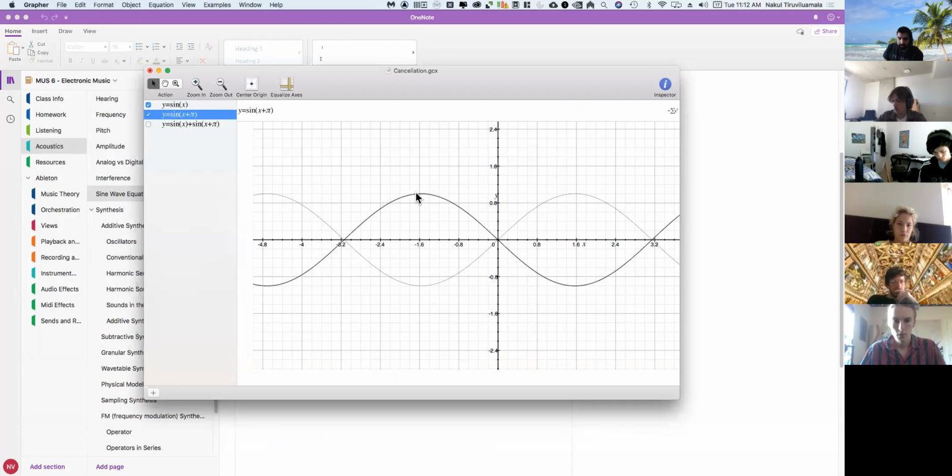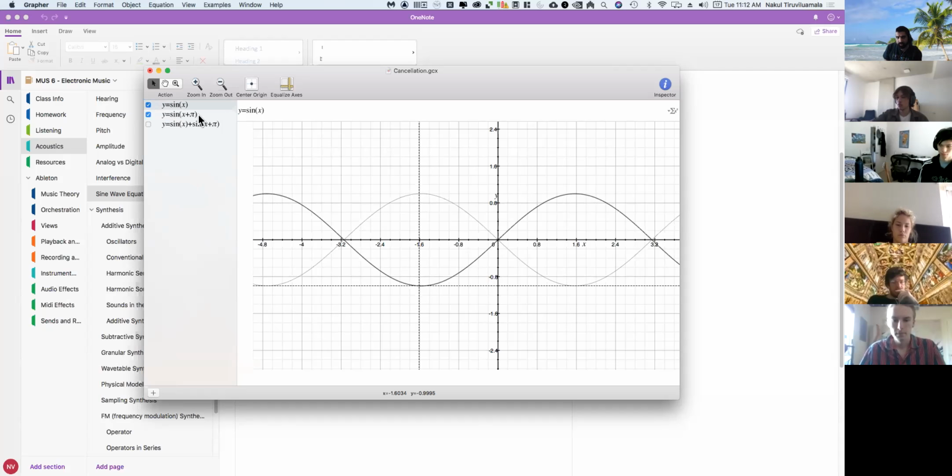Now, if I add these 2 waves together, basically what this means is I'm taking 1 point of this equation, so let's say I'm taking this point of this equation, and I'm adding it to this point on this equation. And if I do that, it actually cancels out, right? This plus this just cancels out right here.